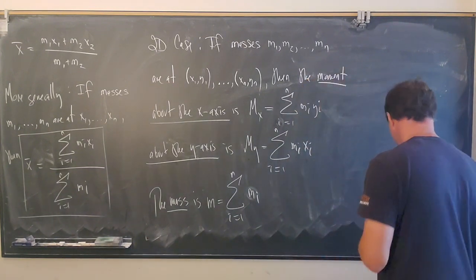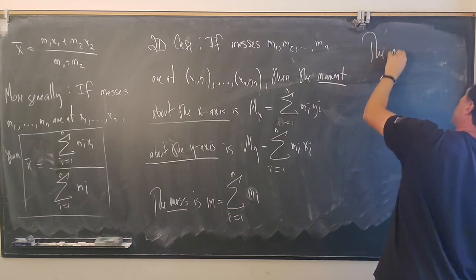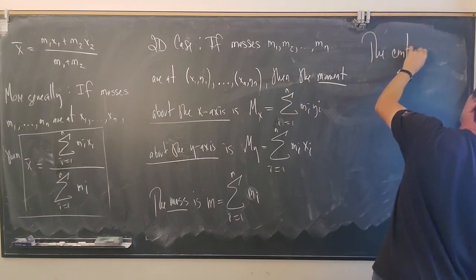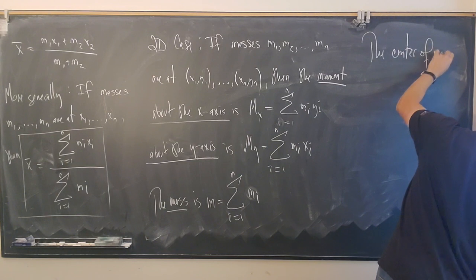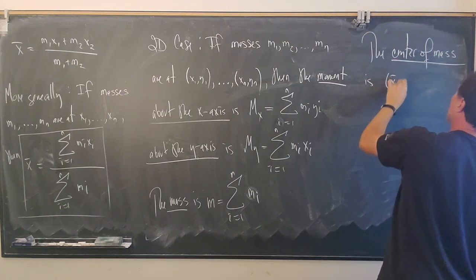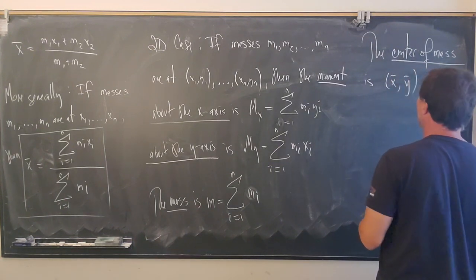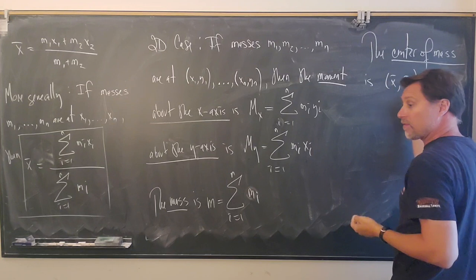So now then the center of mass is the point x bar comma y bar, and I need to tell you how to find x bar and y bar.